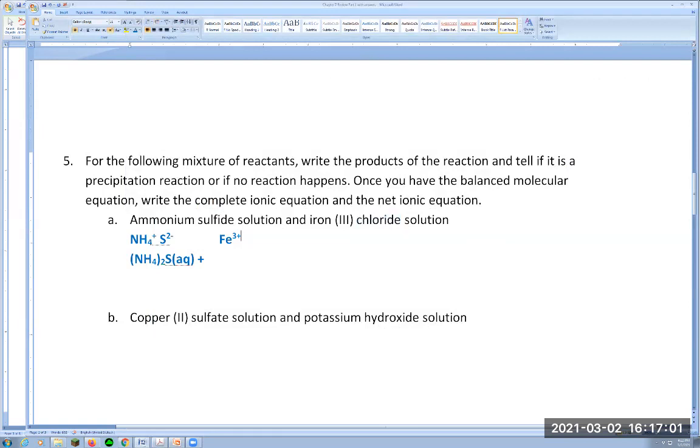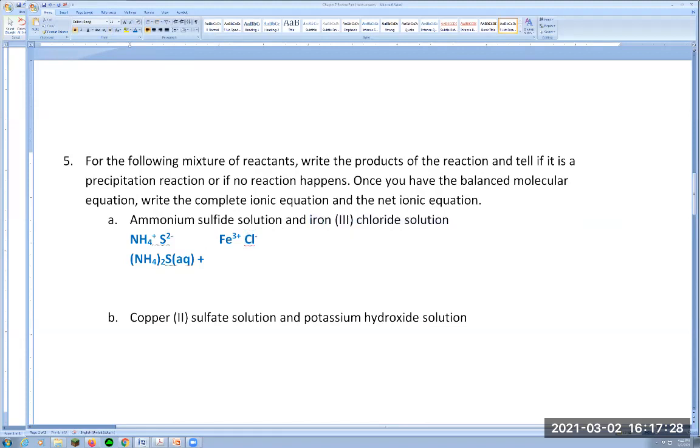So it's Cl-. I noticed that several of you don't pay attention to the fact that the l is a lowercase l. Don't write a capital letter for the second letter of a symbol. So those are the two ions we will combine to make the iron 3 chloride solution.